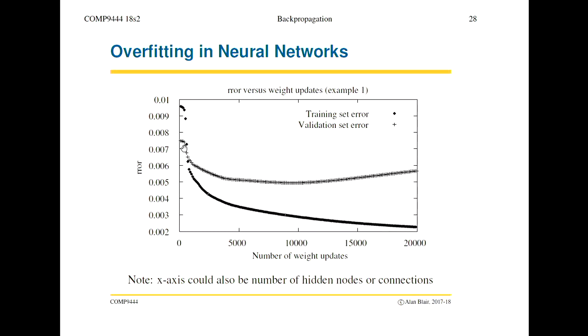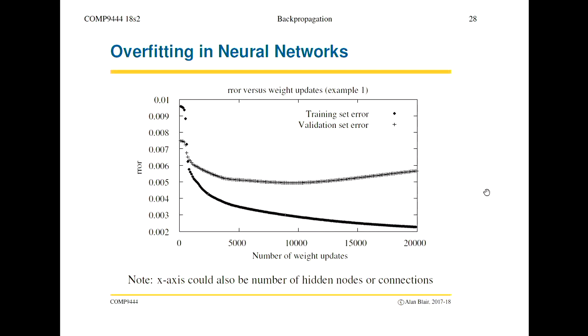But if you look at the error on the test set, what will usually happen is it'll go down for a while and then level off, and in some cases it may then start increasing. The fact that the test error is increasing while the training error is decreasing is a sign that we're overfitting, right?